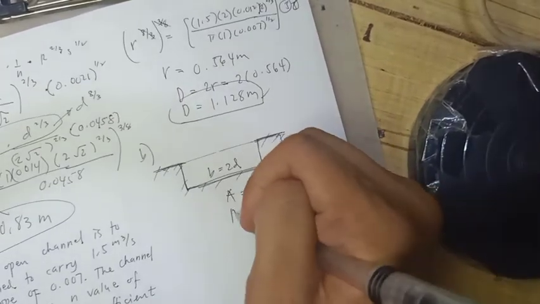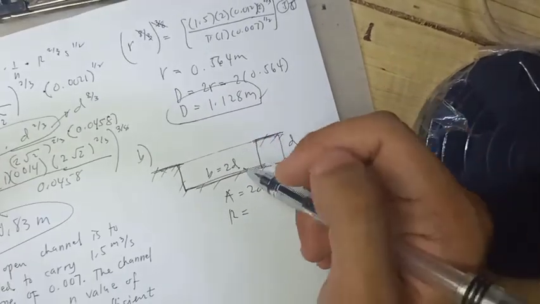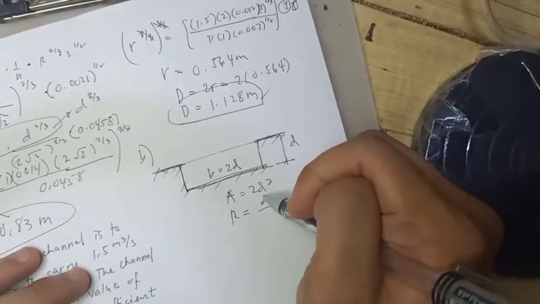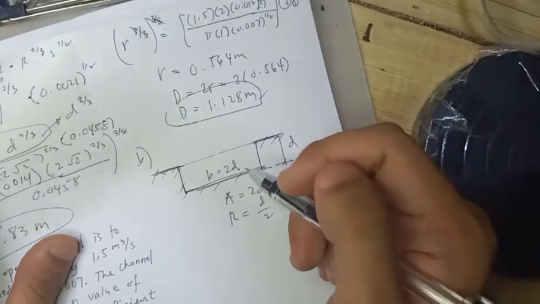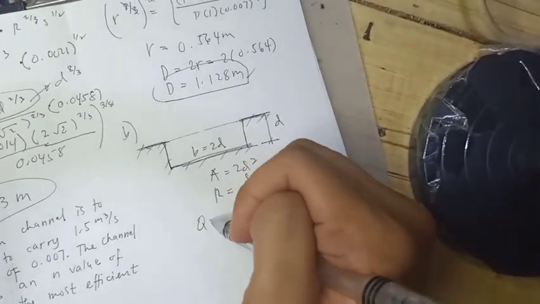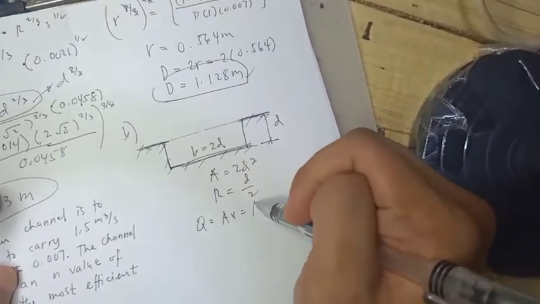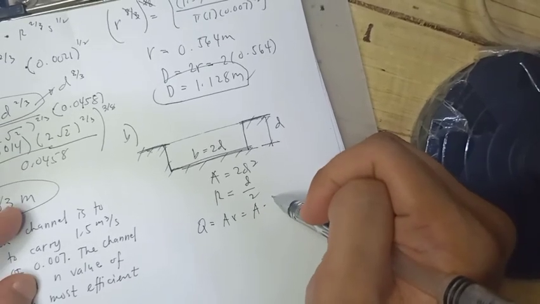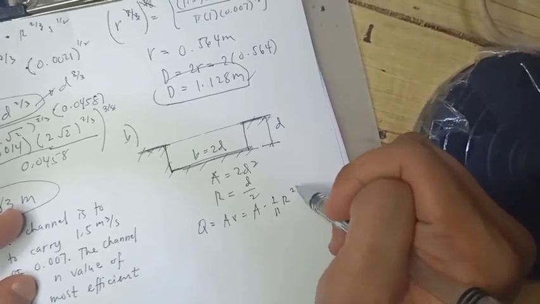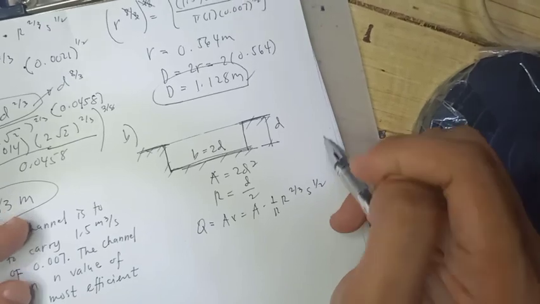Then R is D over 2. Right? So Q is AV, or A times 1 over N times R to 2/3 times S to 1/2.